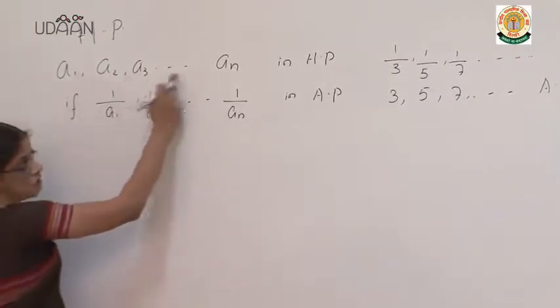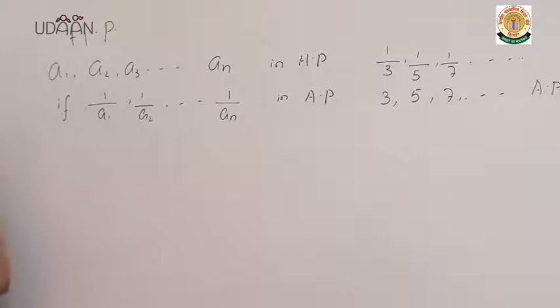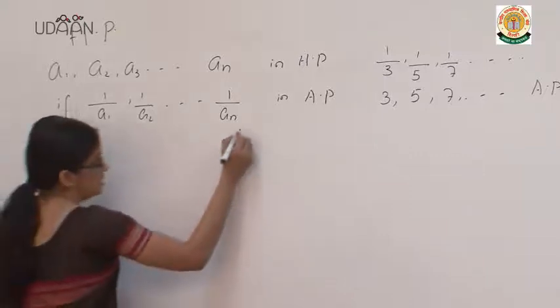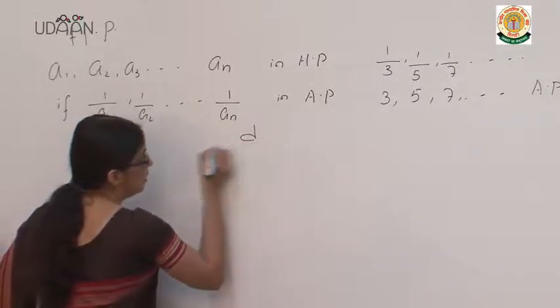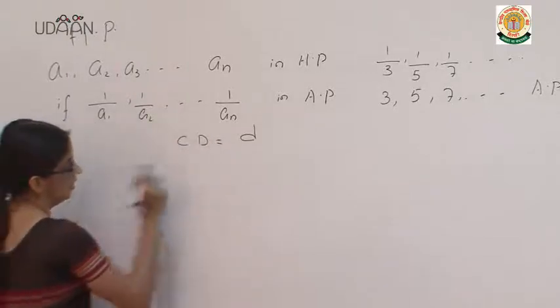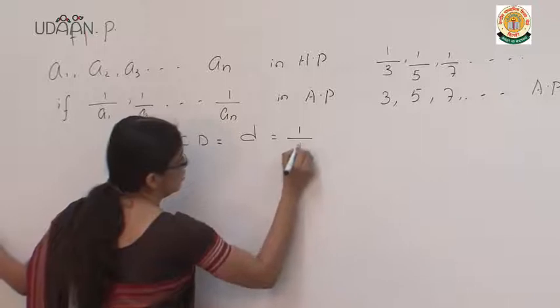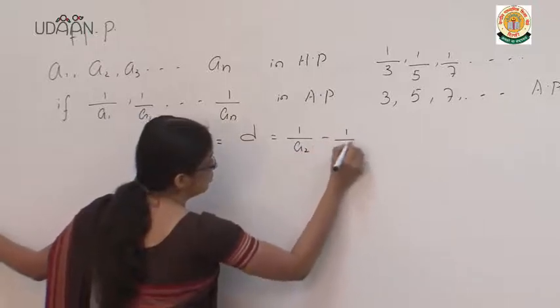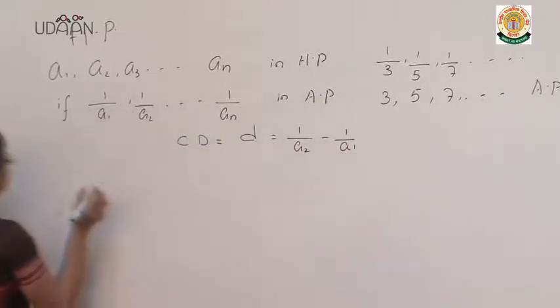If A1, A2, etc. are in HP, their reciprocals are in AP. Let D be the common difference of the arithmetic progression. Common difference D of the arithmetic progression is 1 by A2 minus 1 by A1.